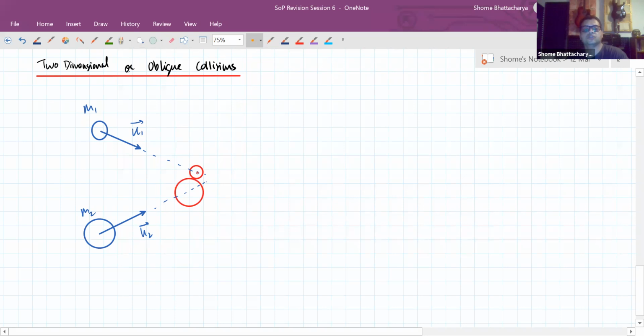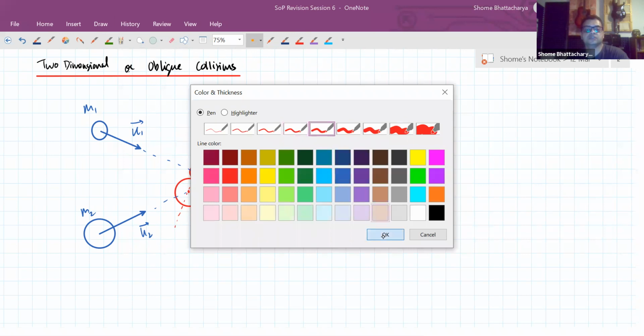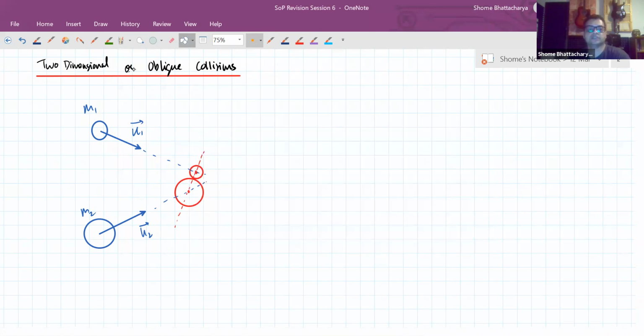So as you can see, the collision impulse will be acting along this center to center line when they come in contact. So that will not coincide with the direction of the initial momenta vectors. Hence, the collision is two-dimensional. So when they come in contact with each other, the impulse which they will be applying will be in this sort of direction.